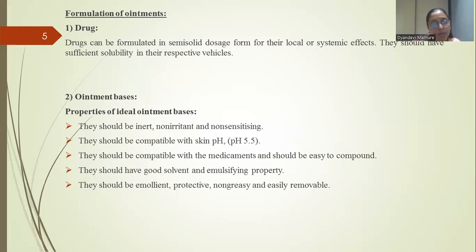Suppose your base is water soluble and your drug is lipophilic, what will happen? Your drug will come out from the vehicle, because the base is your vehicle. So your ointment will not get formulated, or the quality of your ointment is not good. So whatever drugs we select, that drug should have sufficient solubility in the respective vehicle.